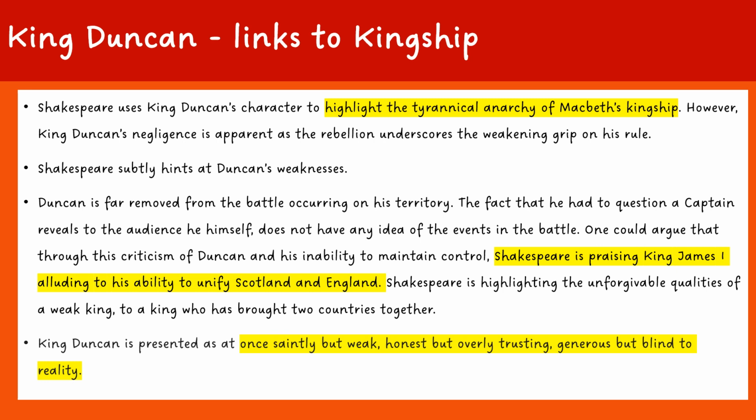And the fact that Shakespeare opens his play with a clear rebellion between the Norwegians and the traitorous Scots as well automatically shows the audience that King Duncan quite clearly has a weakening grip on his own rule of Scotland.